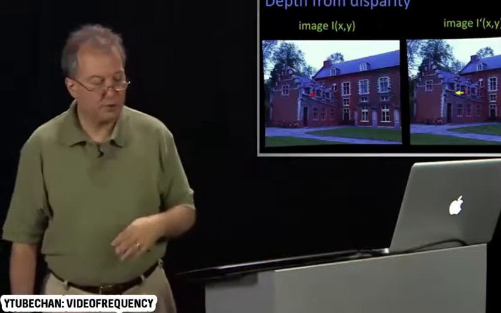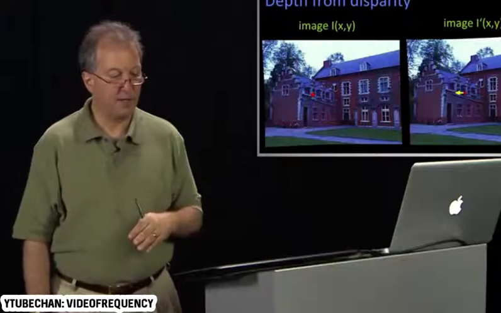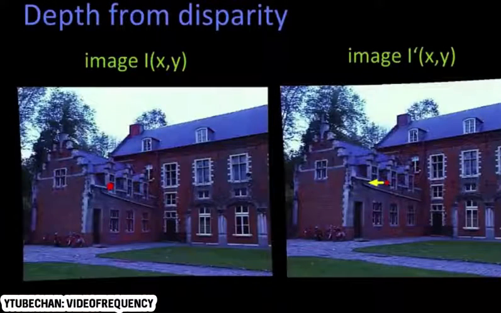So here we're going to show you some examples of disparity, okay? In the left-hand side, you'll see that there is a point at the bottom of this window, okay? And in this image on the right over here, and by the way, it took me a while to figure out which image was left and which image is right, and I did that by looking right up here at the trees.